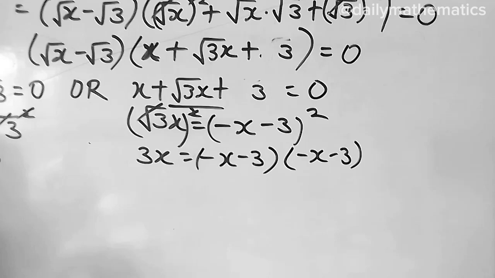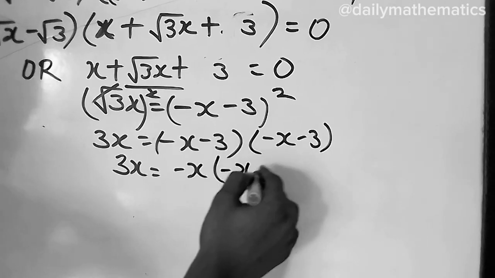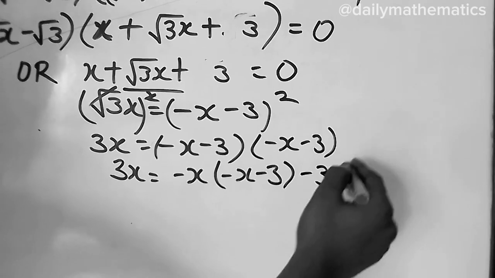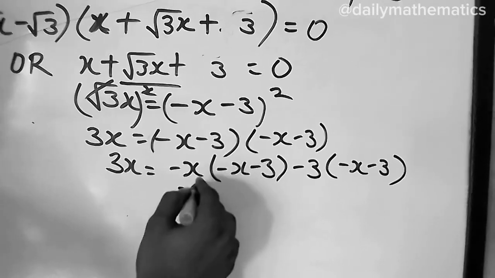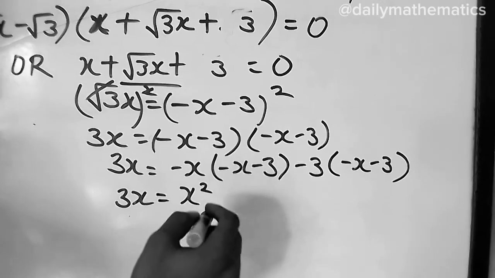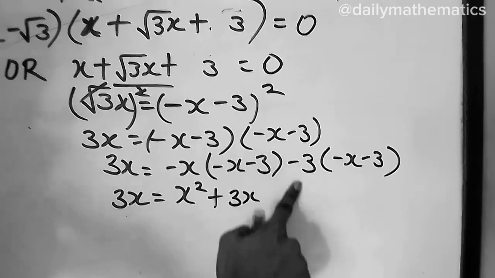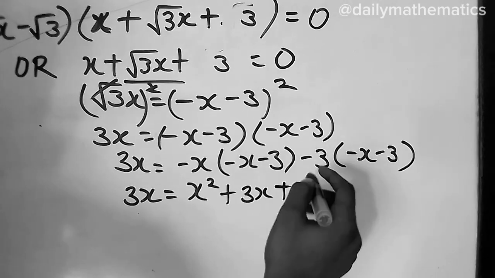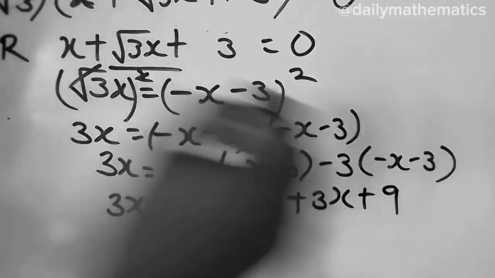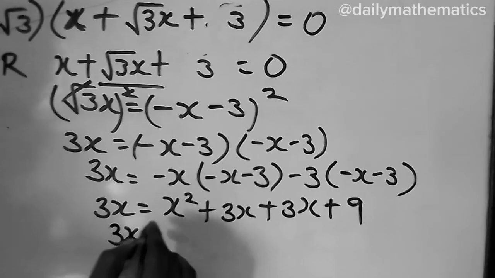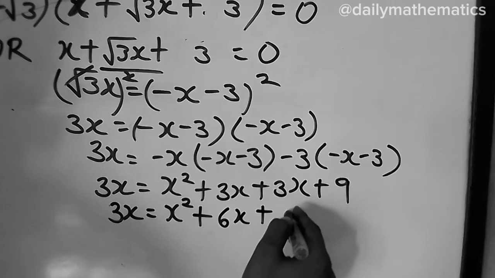Expanding the bracket, minus times minus gives plus, so we have x squared plus 3x plus 3x plus 9. So 3x equals x squared plus 6x plus 9.